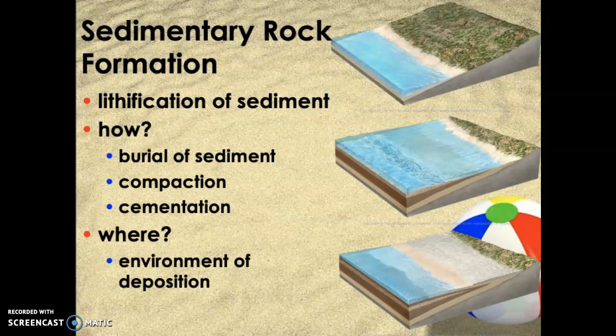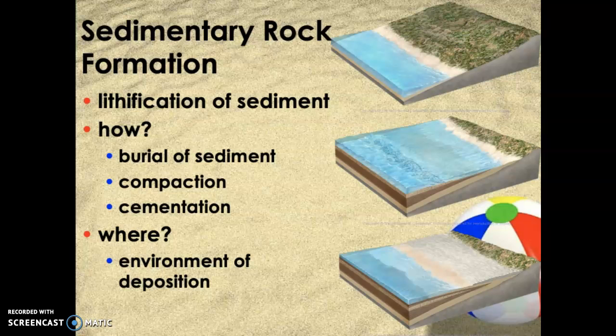Where this happens initially is the environment of deposition, but then afterwards it gets buried. And you can see in this series of drawings on the right-hand side that as sea level rises and falls, it will move environments of deposition, marine environments of deposition, across the landscape. And the same thing happens with other environments of deposition as well.